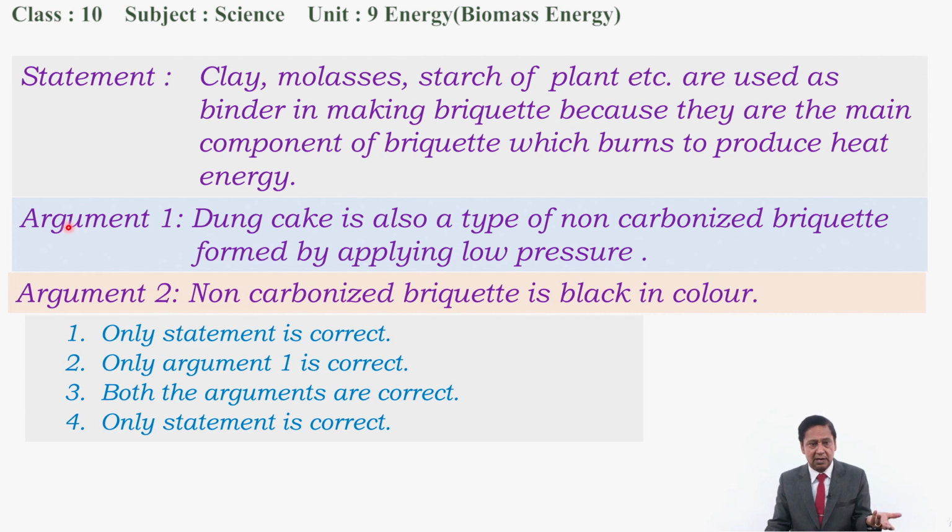That's why argument 1 is correct. But here it is written only argument 1 is correct, so we have to see argument 2 also, then we'll conclude whether argument 1 only is correct or both the arguments are correct.